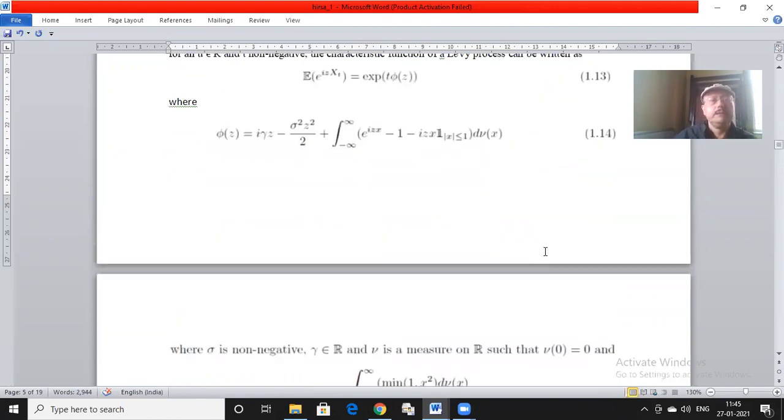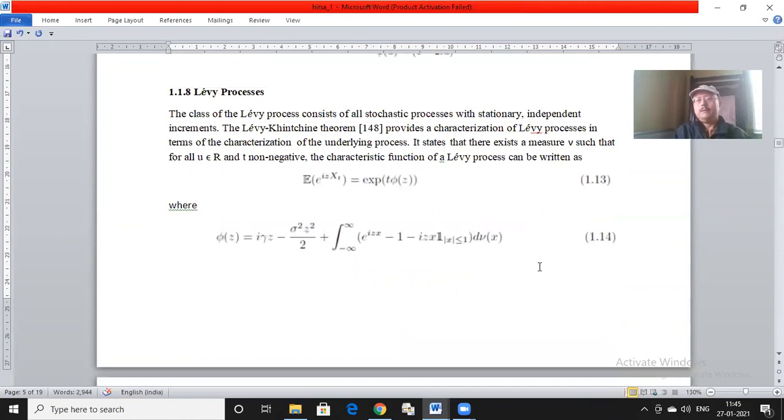So I will just talk a little bit about the Levy process here, because we introduced the Levy process last term in the end to model financial asset prices with jumps.